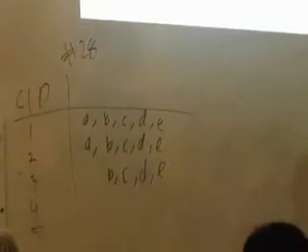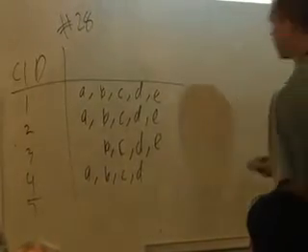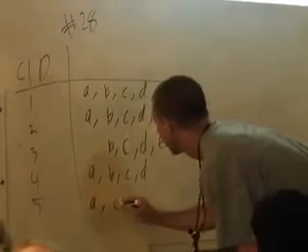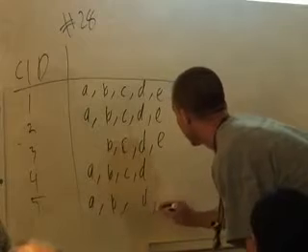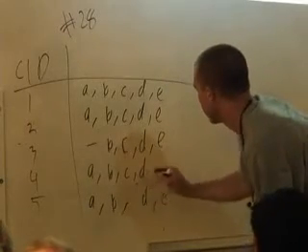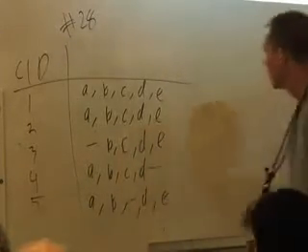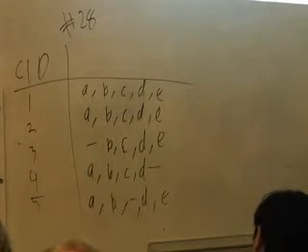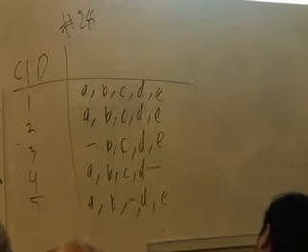So he bought B, C, D, and E. Customer 4, he did buy everything except E. A, B, C, D. And then customer 5 bought everything except C. A, B, D, E. So let me put these little placeholders there to indicate where they didn't buy something. Okay, so that's the same data at the customer level.